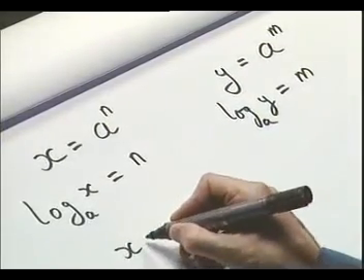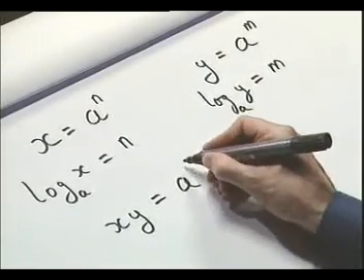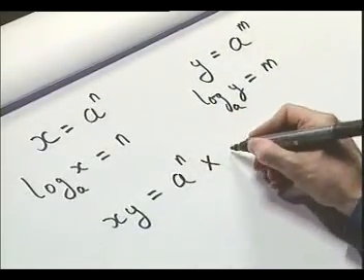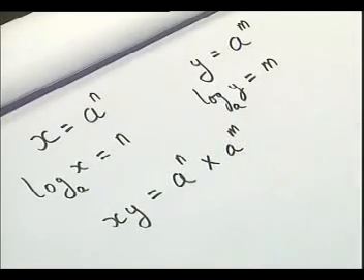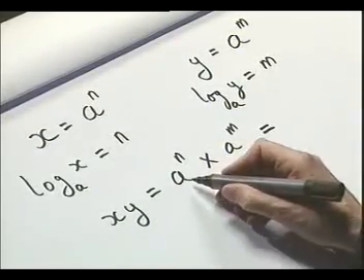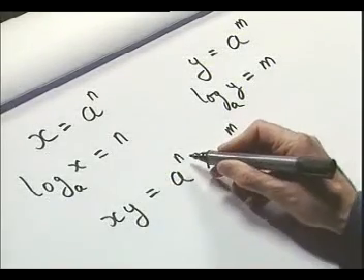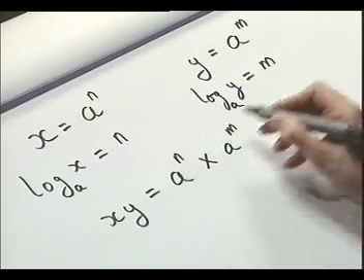So x times y is a to the power n times a to the power m. And what do we get here? A to the power n times a to the power m means that we add the indices together.